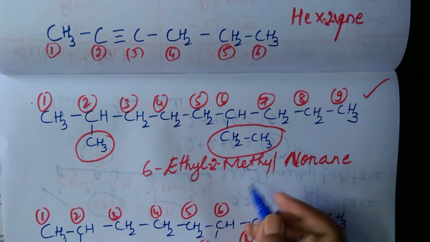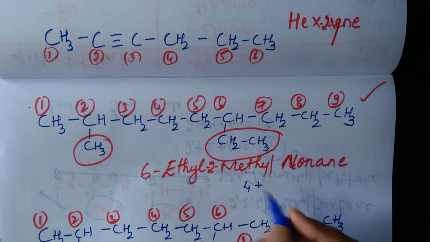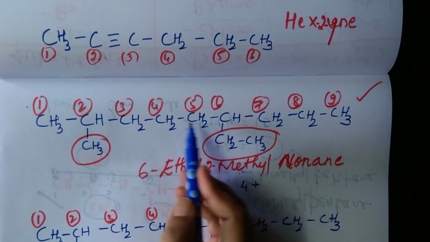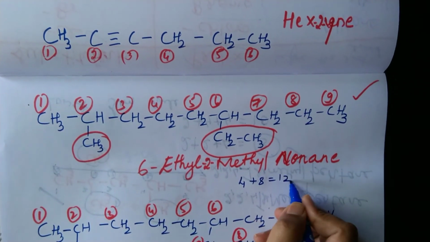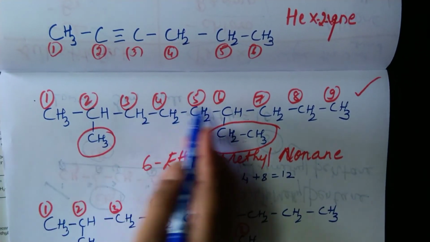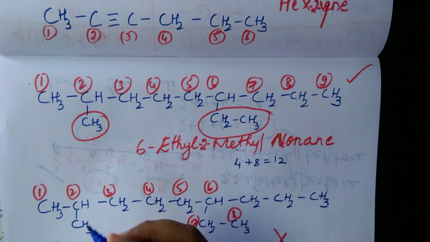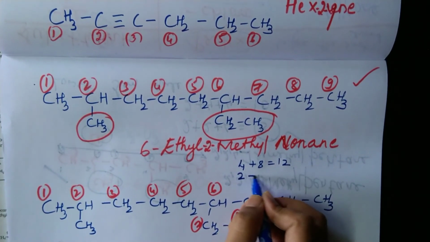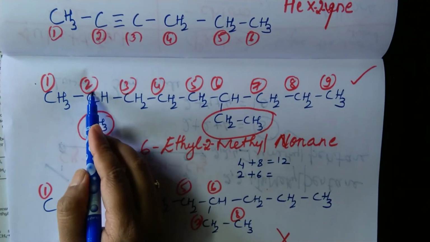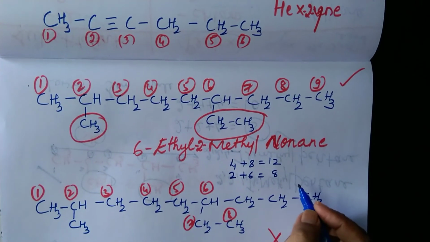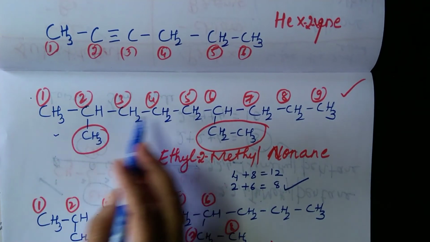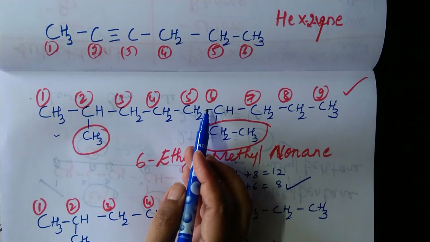If you number it from this side, it will be 4, 5, 6, 7, 8, so it will be 12. If you number it from the other side, what I have numbered here, it will be 2 plus 6, so 2 is here, 6 is here, total will be 8. Out of this, which is the smaller one? This one. So I have numbered it from the other side.